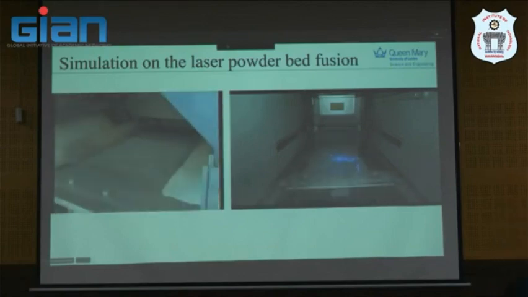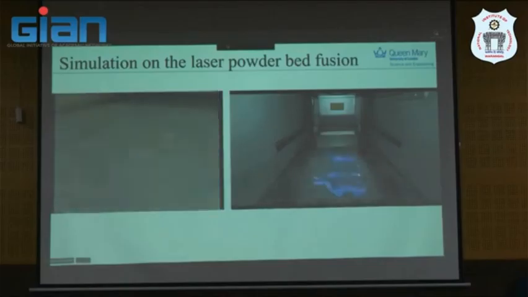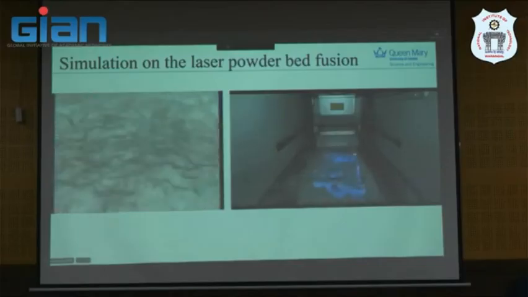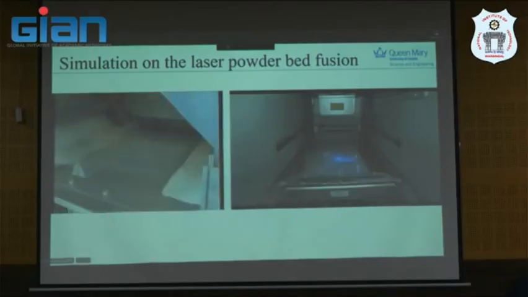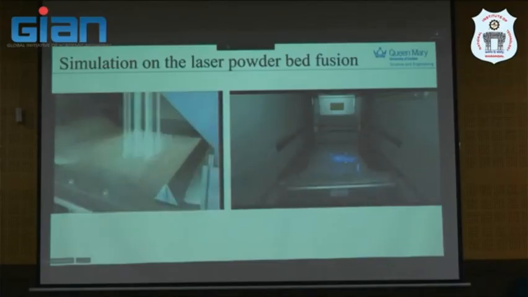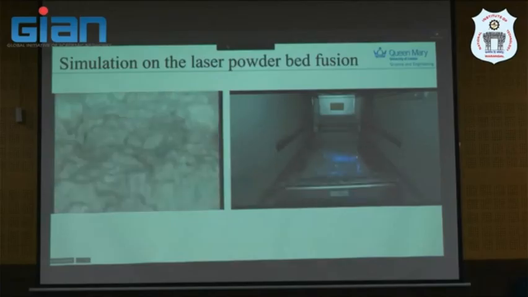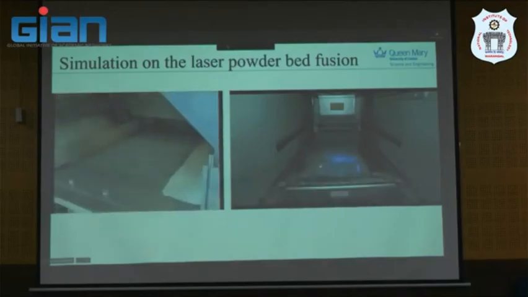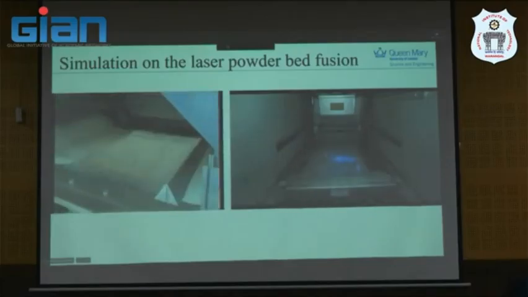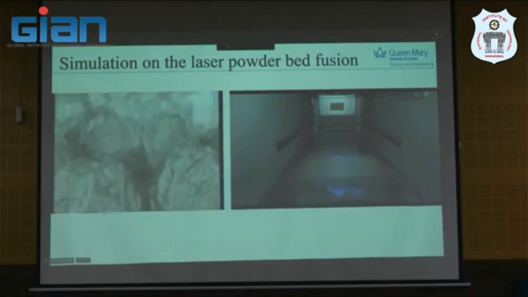We call it laser powder bed fusion, LPBF. This is a typical additive manufacturing process that uses a high power laser to selectively melt powdered material layer by layer, and then we build a solid object from a digital 3D model.